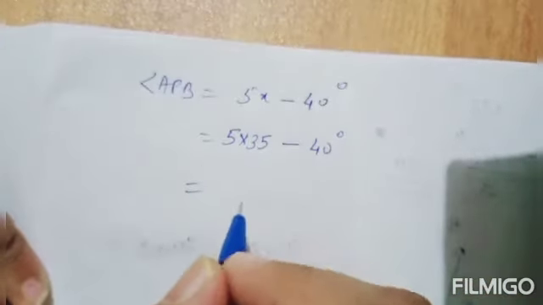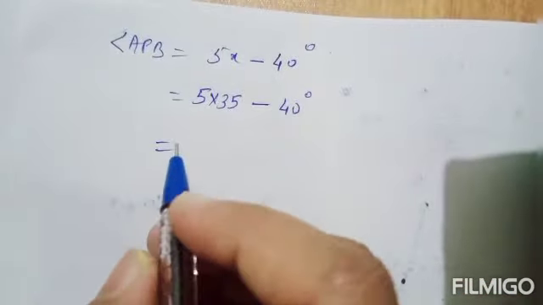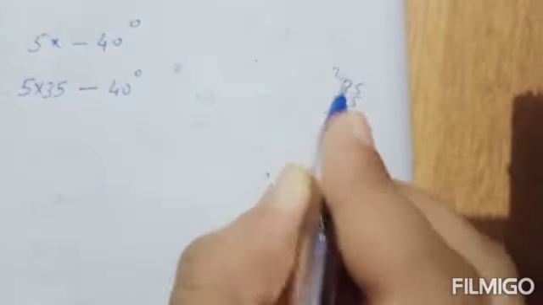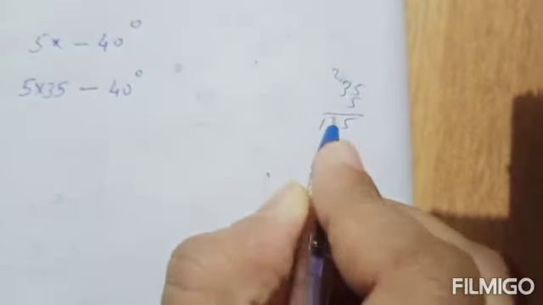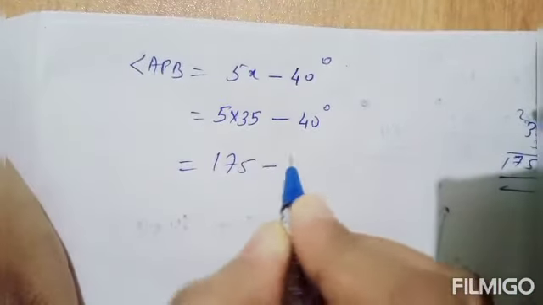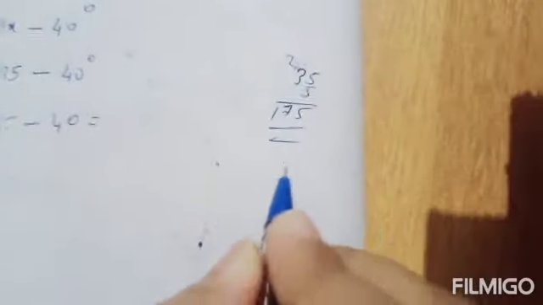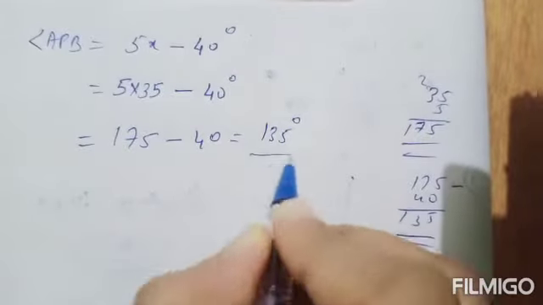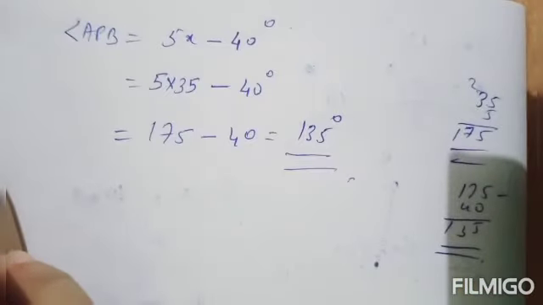Now 5 into 35, what you will get? 35 into 5 is 175. Okay, so 175 minus 40. On subtracting 40 from this, what you will get? It is 135 degree. Angle APB equal to 135 degree. Okay.